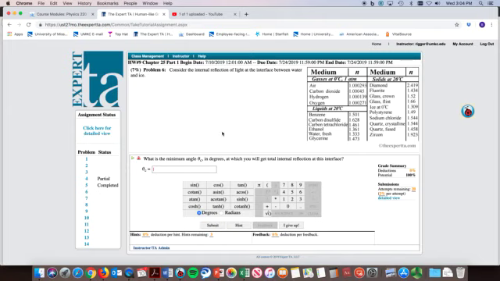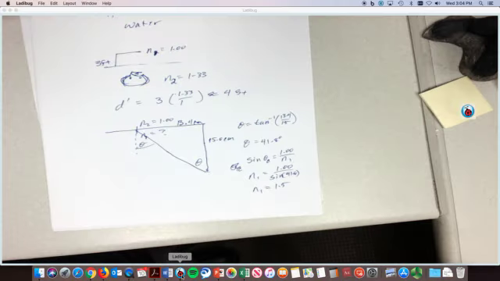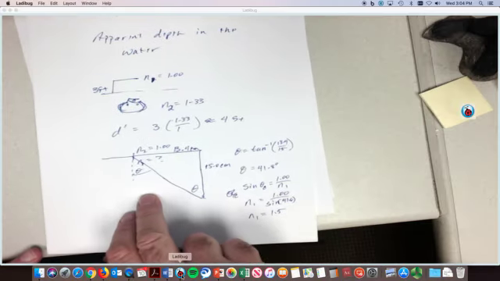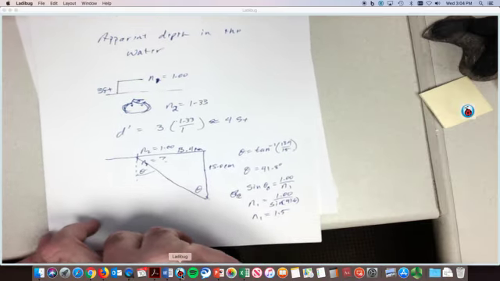All right, so what is the minimum angle in degrees at which you still get total internal reflection with this surface? This might be kind of tricky because, boy, they're so close. We're going to have to let our calculator really run. So it's got to go from water into the ice, and this will be a good place for me to quit for the day.